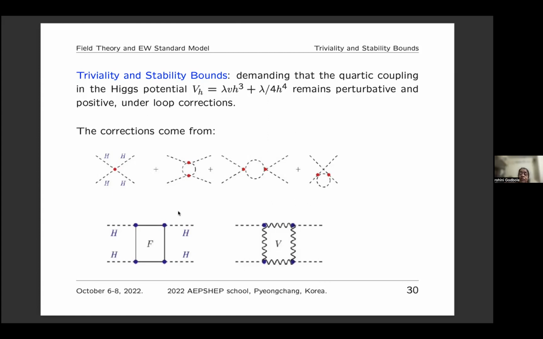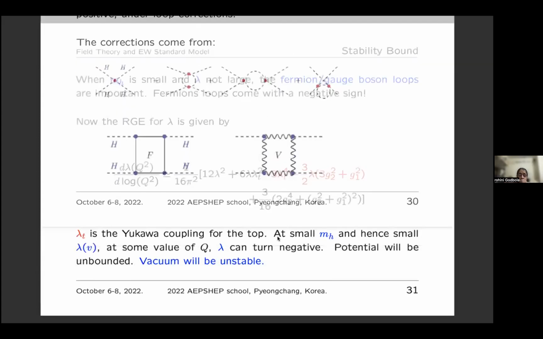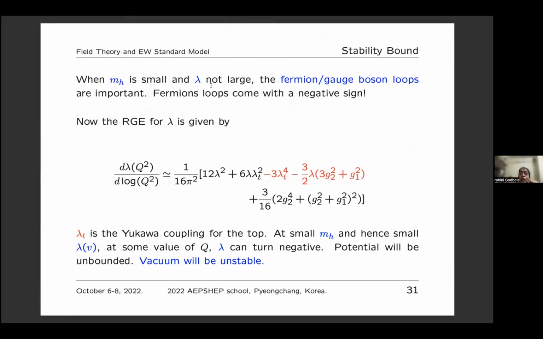However, when lambda is small, then you must take these into account also, because g2 is known, and these couplings are proportional to g2 times the mass of the fermion. These are proportional to g2 times the mass of the vector boson, and you need to take these corrections into account. So when MH is small and lambda is not large, the fermion and gauge boson contributions are important.